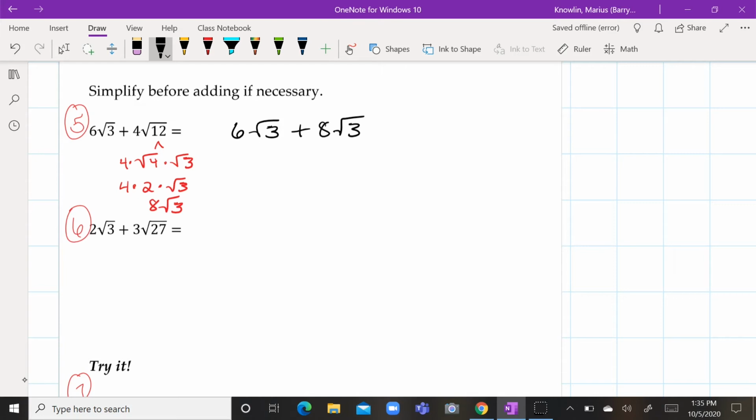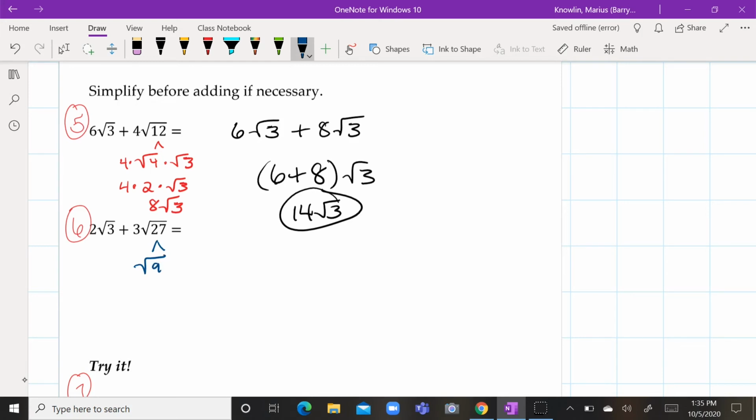And now we just add the 6 plus the 8 square root 3, and that's going to make 14 square root 3. Final answer.